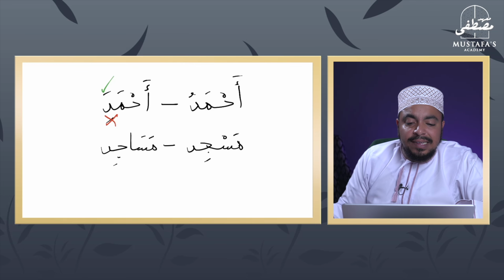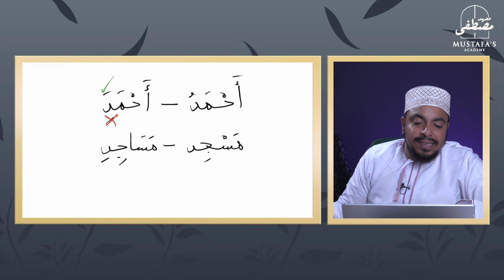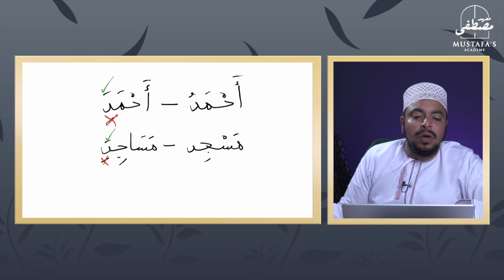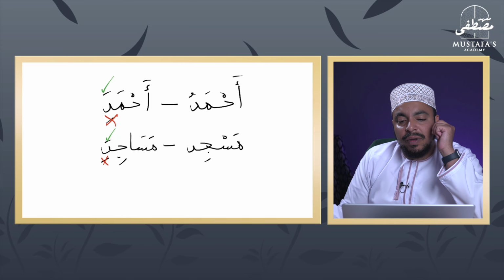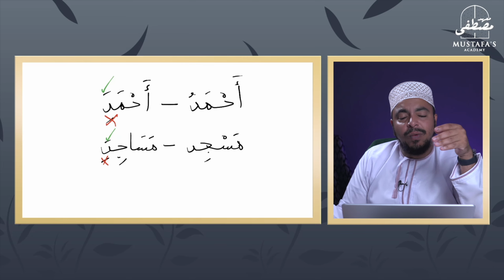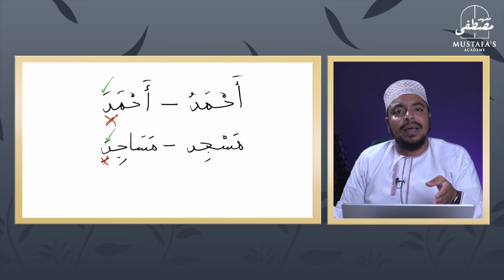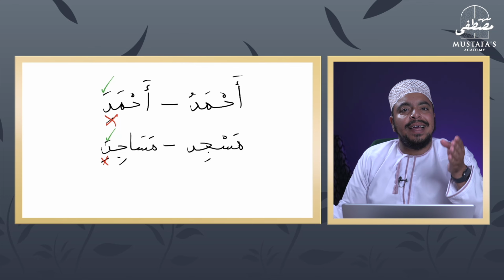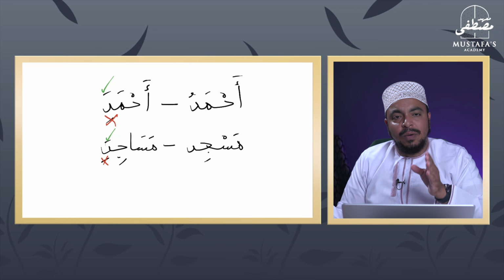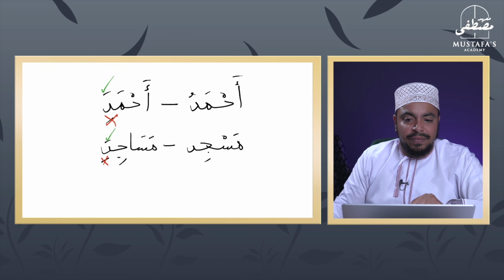Now when masajid is in a state of jar, instead of ending with a kasra, which is wrong, it ends with a fatha, and this is correct. So what do you say? Similar to أحمد, you say مجرور بمن وعلامة جره الفتحة نيابة عن الكسرة لأنه جمع التكسير الذي لا ينصرف, or اسم لا ينصرف. Simple as that.